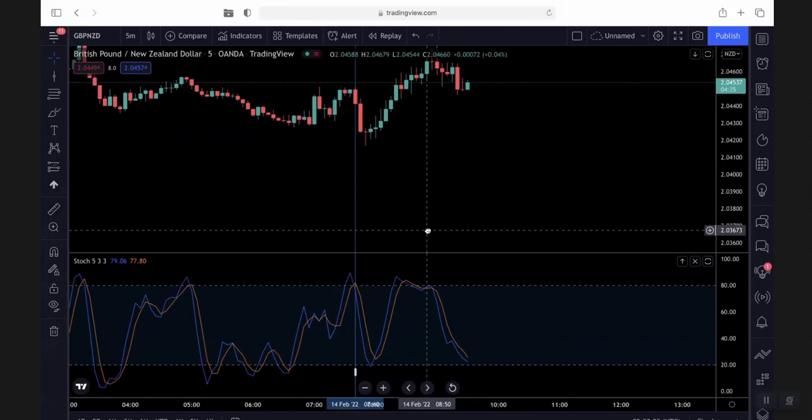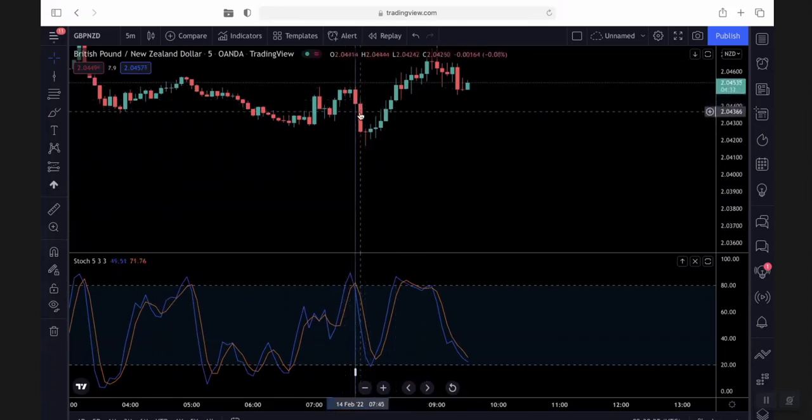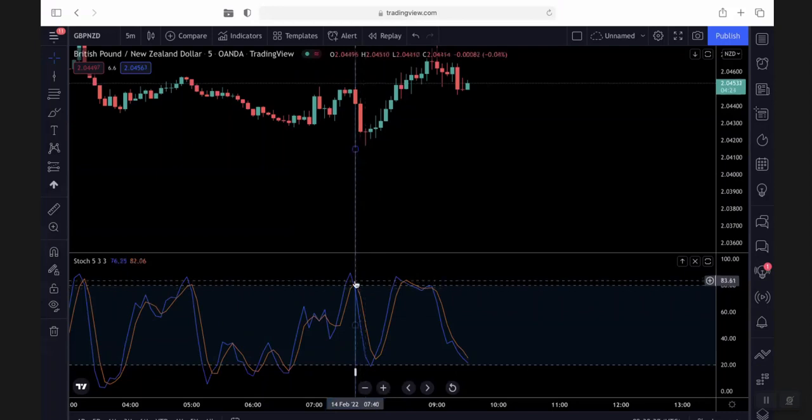So what was happening here is that by the time we're seeing a buy divergence on 1 minute, on 5 minutes at that particular time, the market has just crossed the overbought in order to signal a sell. So we've seen two opposite directions.